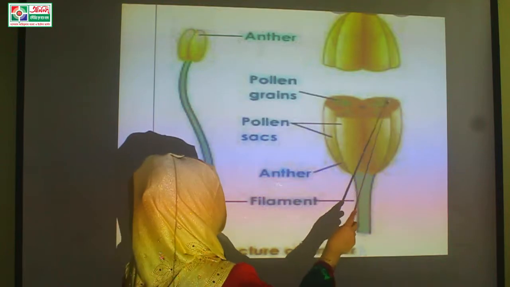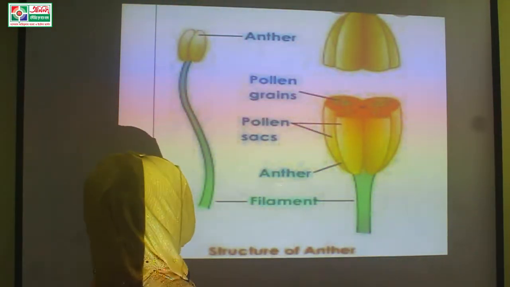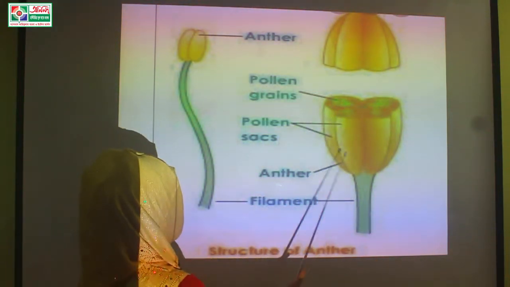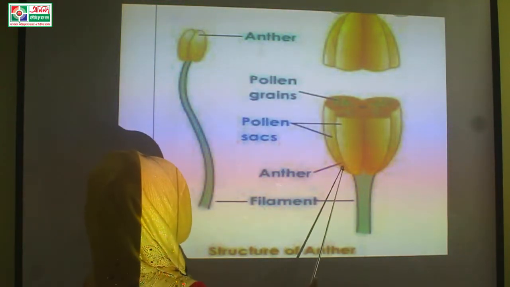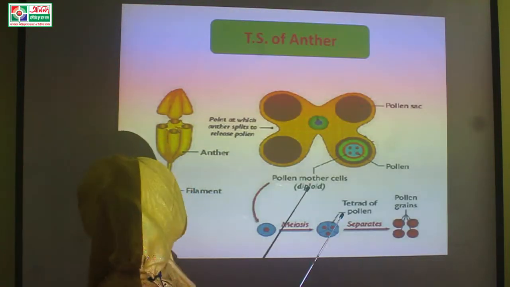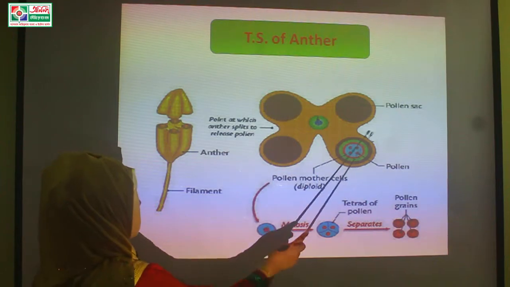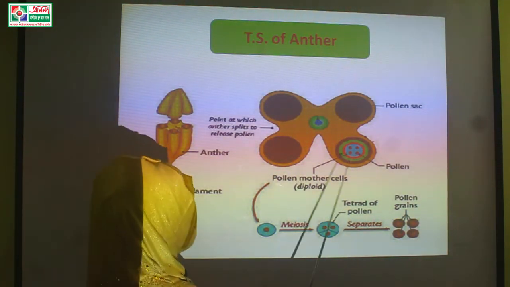If we make a transverse section, we will get a structure like this: 4 chambers. These are the pollen grains and these are the pollen sacs. And the TS will be like this, 4 chamber structures, and pollen grains will be produced here.